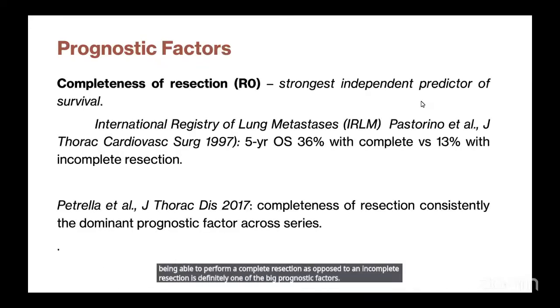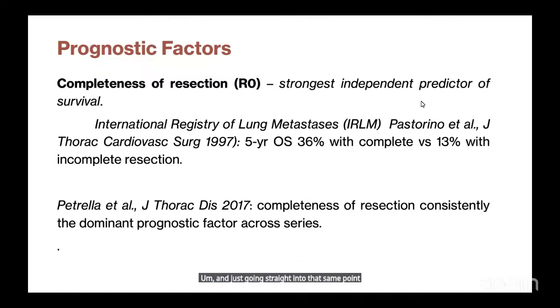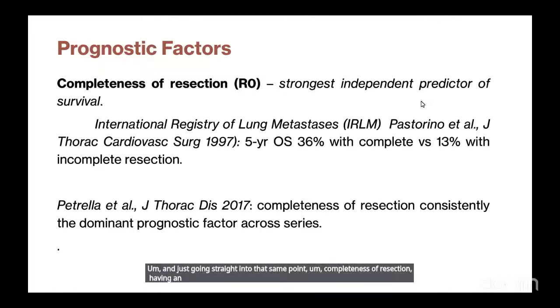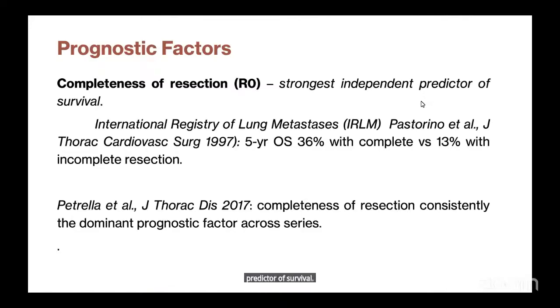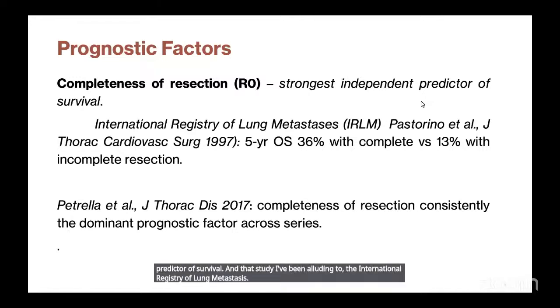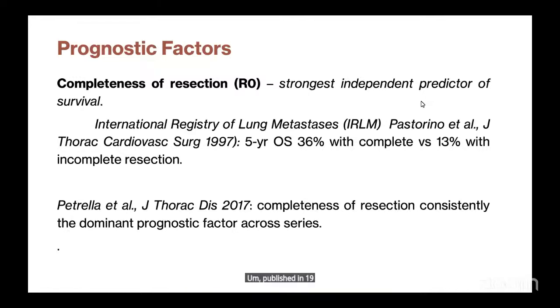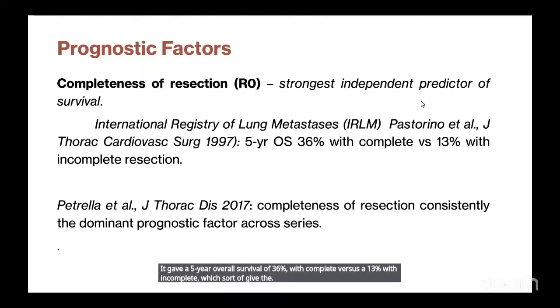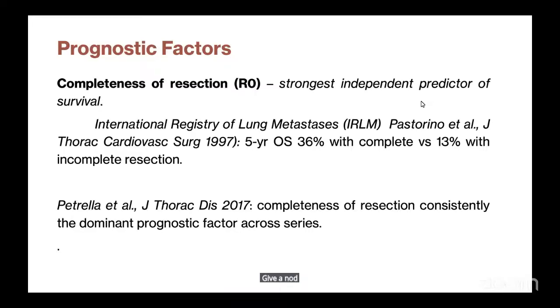And just going straight into that same point, completeness of resection, having an R0 resection, is in fact the strongest independent predictor of survival. And that study I've been alluding to, the International Registry of Lung Metastasis, published in 1997 in the Journal of Thoracic and Cardiovascular Surgery by Pastorino et al., gave a 5-year overall survival of 36% with complete versus 13% with incomplete, which gives a nod to the practice.